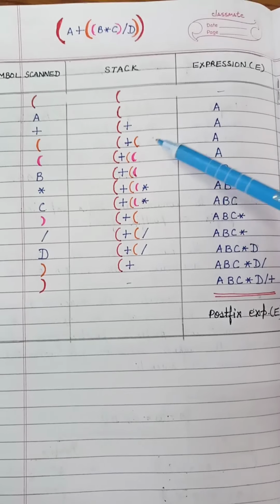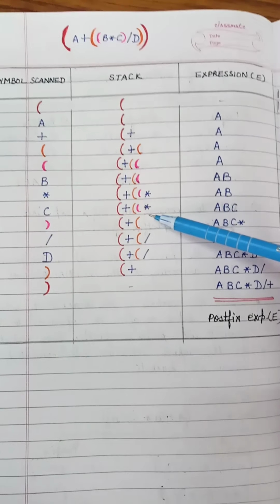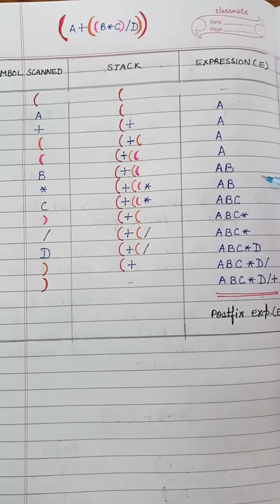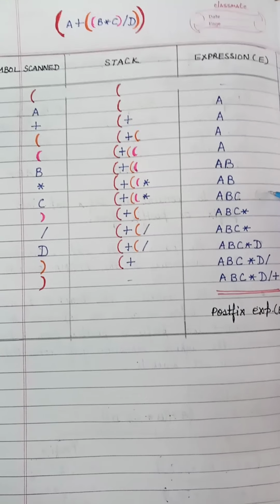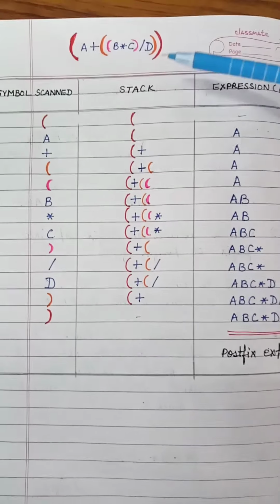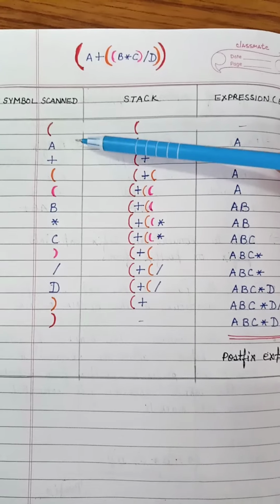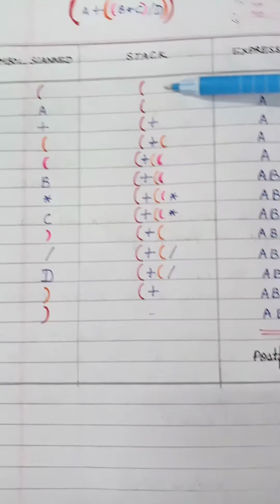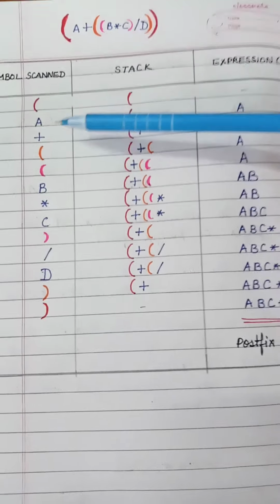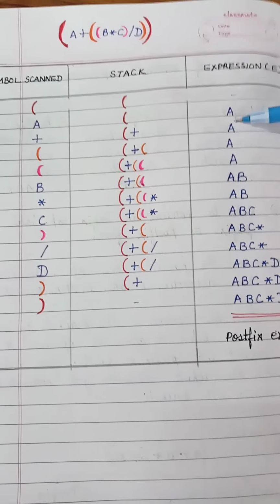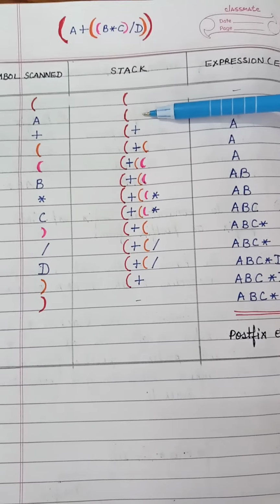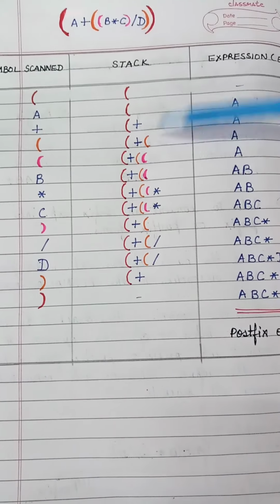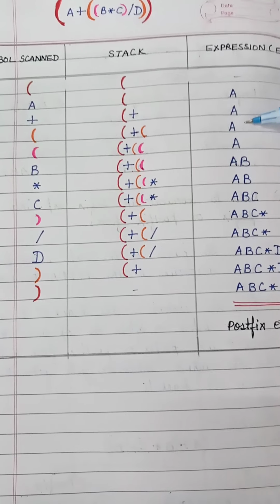Whenever we get any closing parenthesis, the pop action will be performed and we will be getting the symbols from the stack to the expression. In this case, the symbol scanned is this red parenthesis, which will be in the stack, then a. So a will be the expression now, and this symbol will be in the stack. Now plus, so plus will be in the stack, expression will be only a.